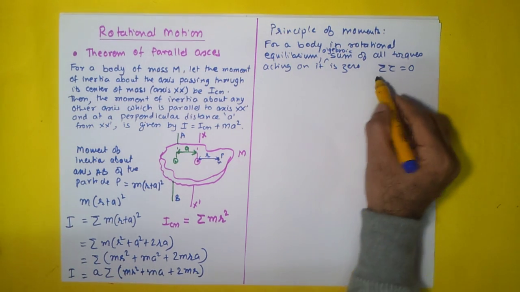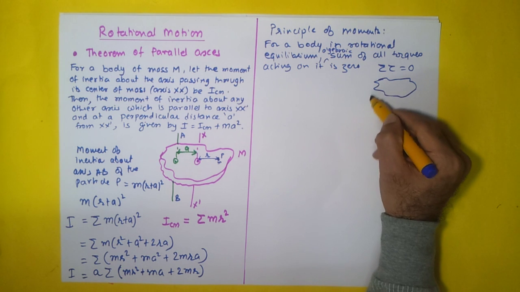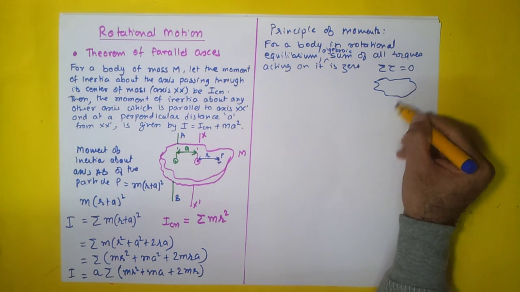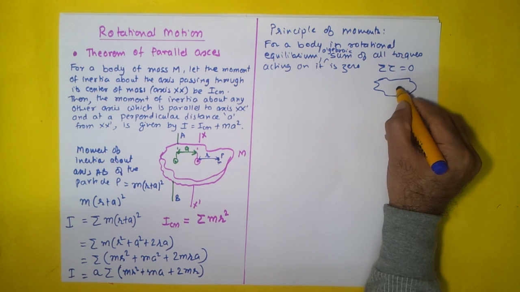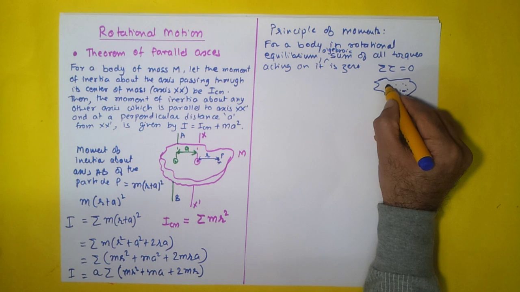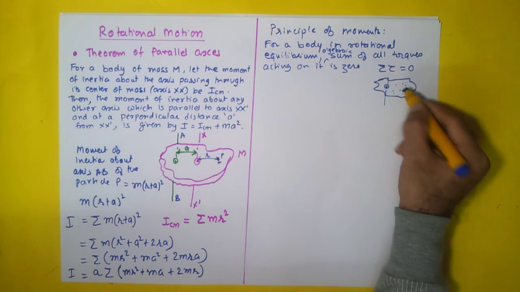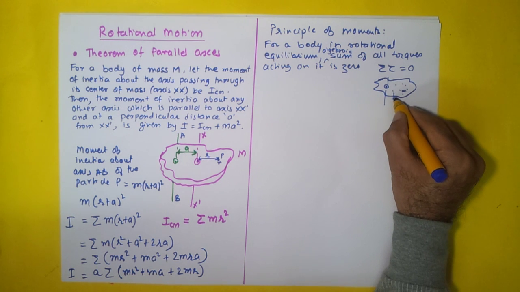Now, if you have a body on which there are no external torques, then the torque acting on this body would only be because of its particles, each of mass m. Let us say this is the axis of rotation. The torque acting on this body would be because of the weight of these particles acting in the downward direction, mg.